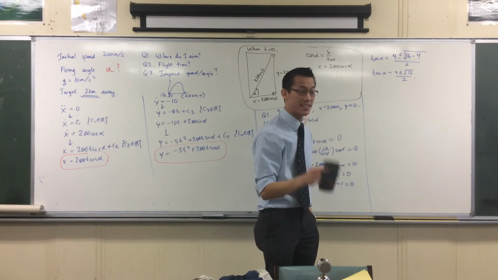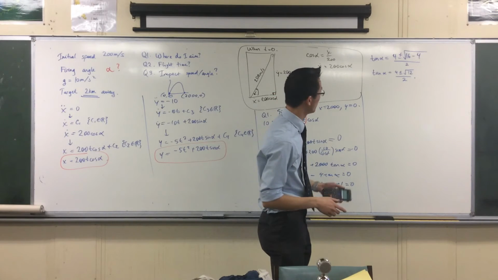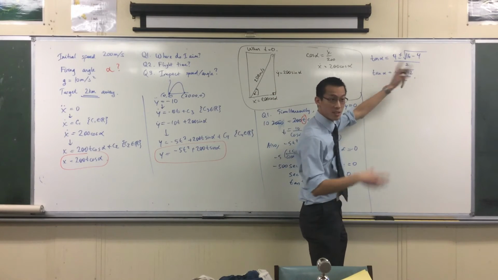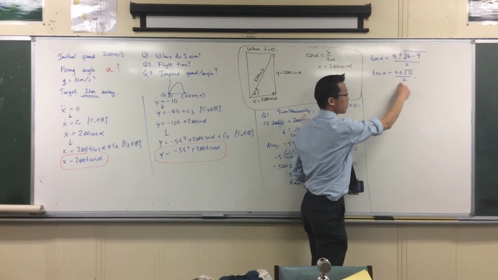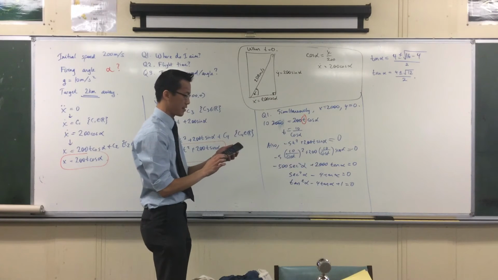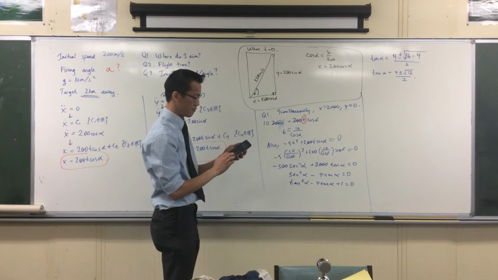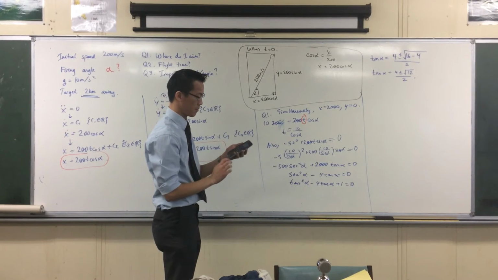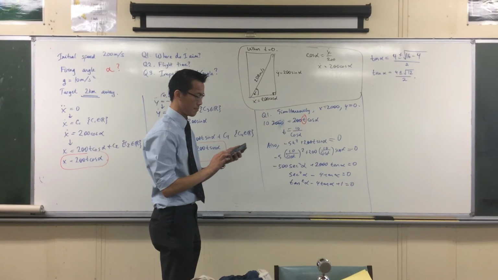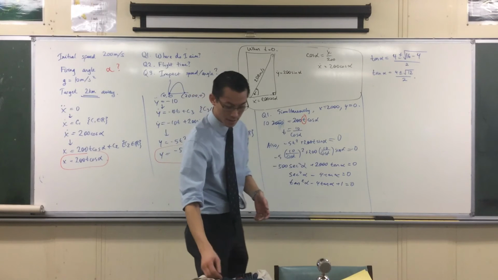Let's get our calculators and see exactly what it means. You wouldn't expect to get something nice out of this, would you? Well, let's do one and then we'll do the other. Let's do the smaller one: 4 minus root 12 on 2. Tan inverse of 4 minus root 12 on 2. What do you get?